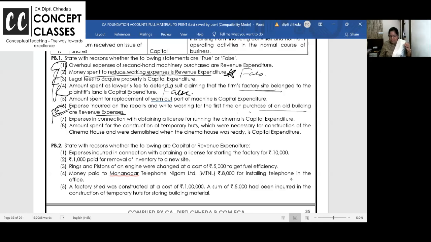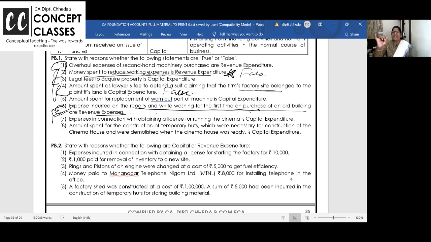But this is the first time you are doing repairing, overlighting, whitewashing, painting for an older building which you have purchased. So this is very well a capital expenditure because once you make it look new, it is like first time. So all the expenditure incurred till the building is put to use is capitalized. Those words you have to write. I hope the meaning is clear.